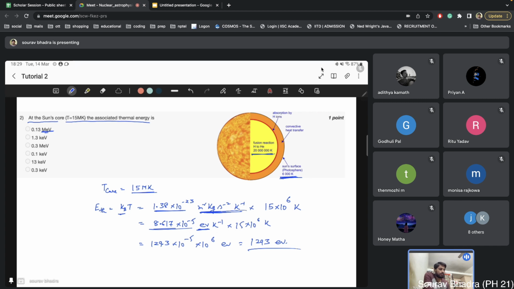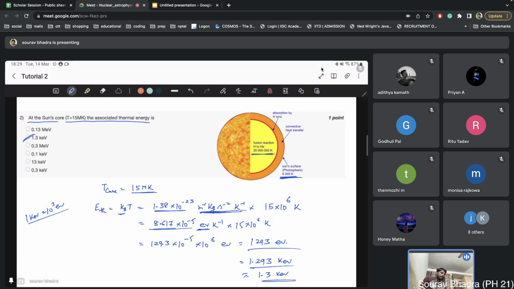If you convert it into kilo electron volt, where 1 keV is 10 cube eV, you divide by 10 cube and it gives you 1.293 kilo electron volt, roughly 1.3 kilo electron volt. This is the answer.